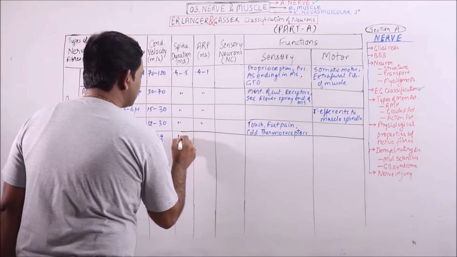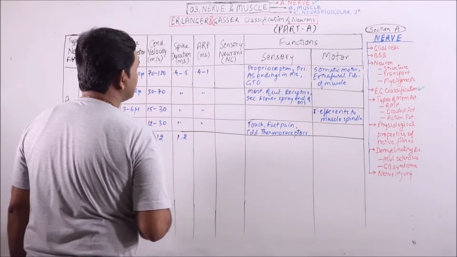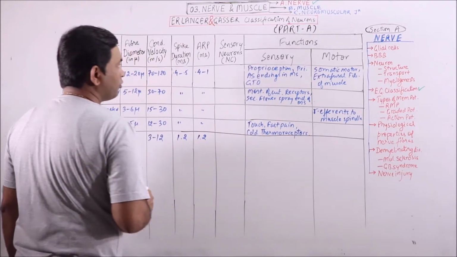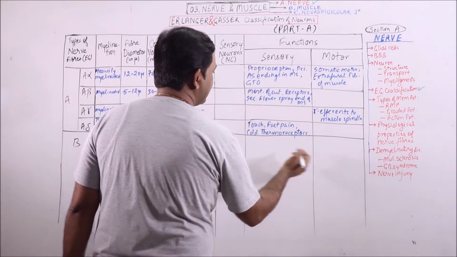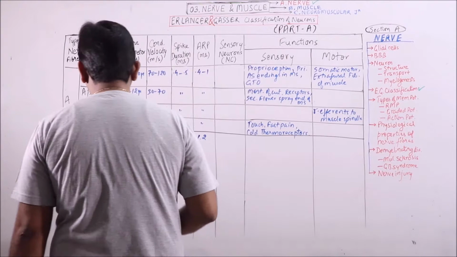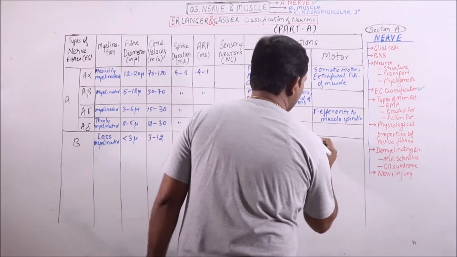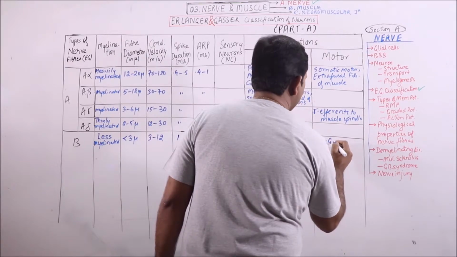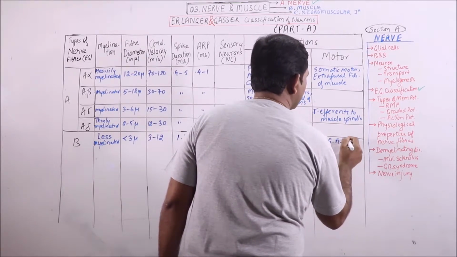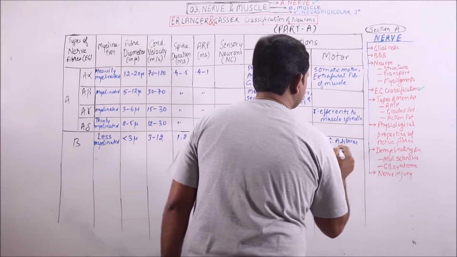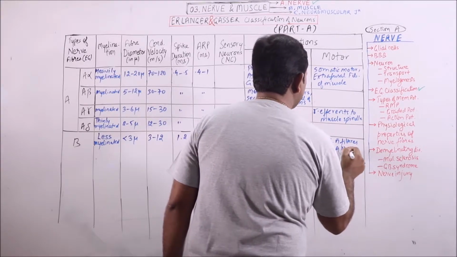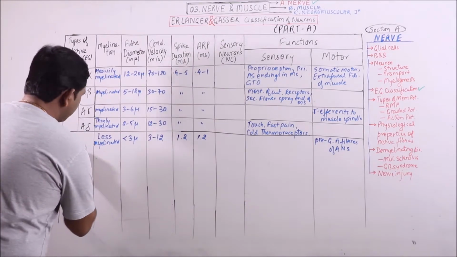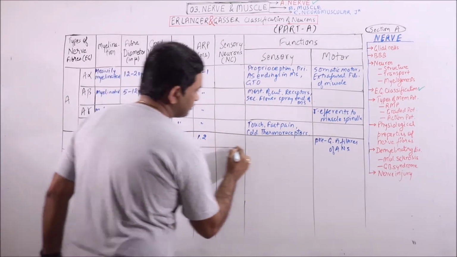Spike duration is 1.2 millisecond. Absolute refractory period is again 1.2 millisecond. And if we discuss the functions, then it can be seen in preganglionic nerve fibers of autonomic nervous system. So this concludes the B type of fibers.